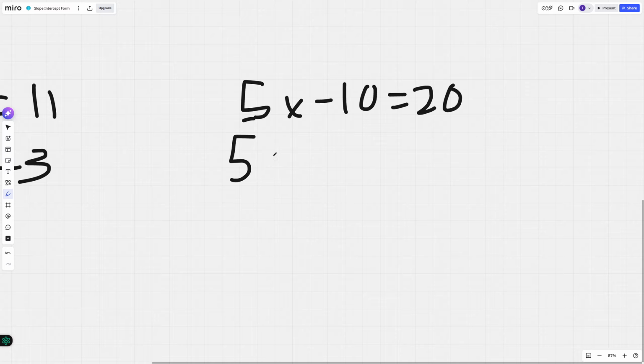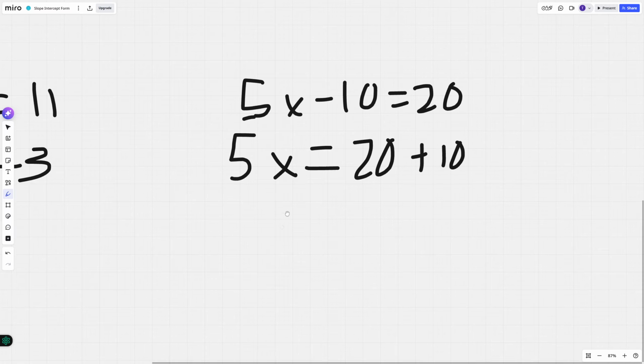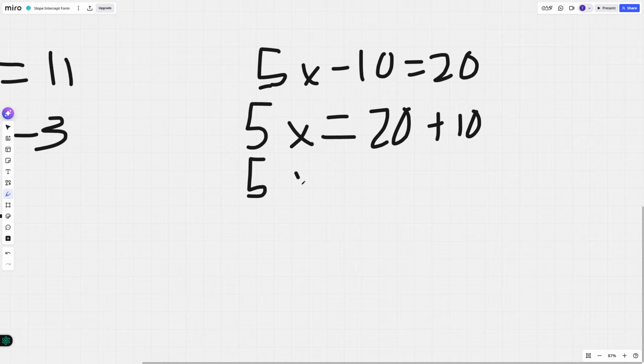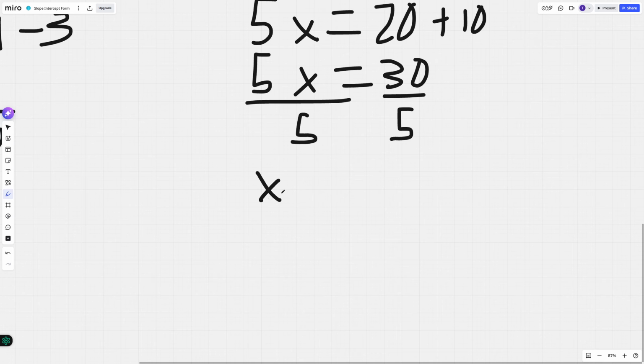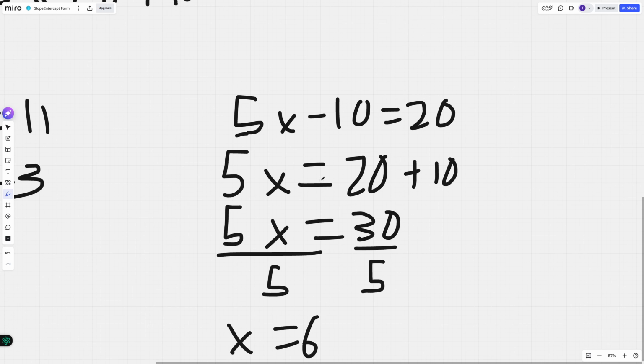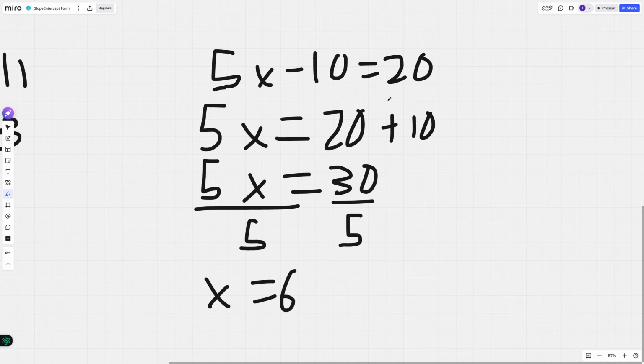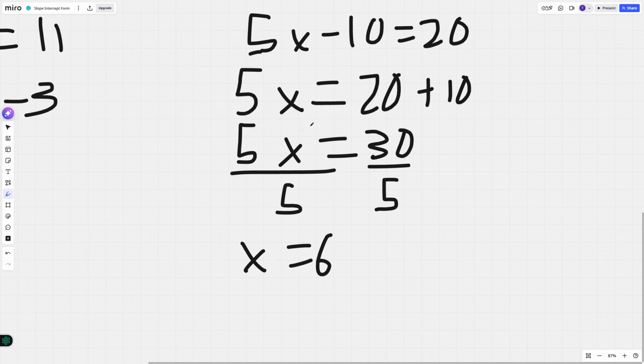So you'd have 5x, because then positive 10, negative 10, they cancel out to 0. So equals 20, but then you have to add 10 on the other side. So then you'd have 5x equals 30. Then divide both sides by 5. And then you have x equals 6. You work for 6 hours before you can have $20 according to this equation.